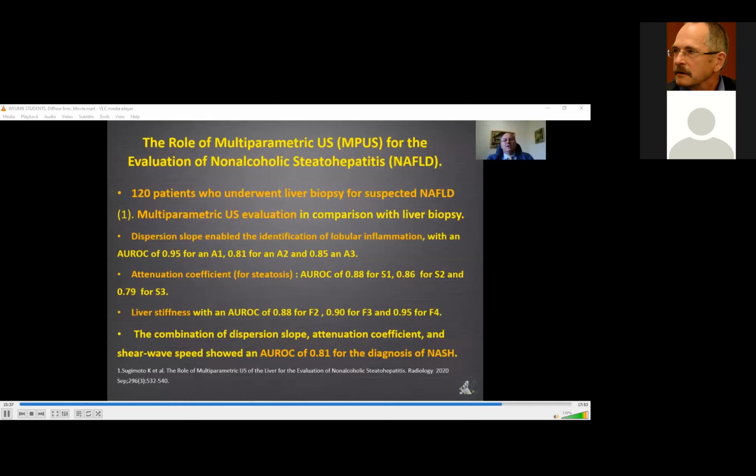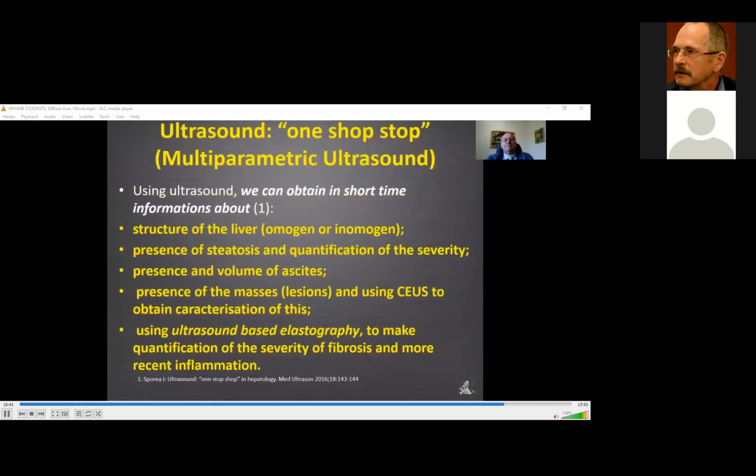Then we can use this multiparametric ultrasound in our daily practice. And we can say that with this multiparametric ultrasound we have in our hand a so-called one-shot stop. With ultrasound, we can look at the structure of the liver, whether it is homogeneous or inhomogeneous.